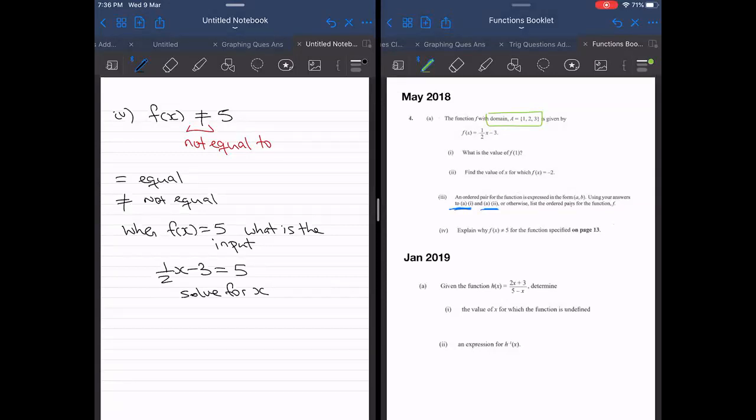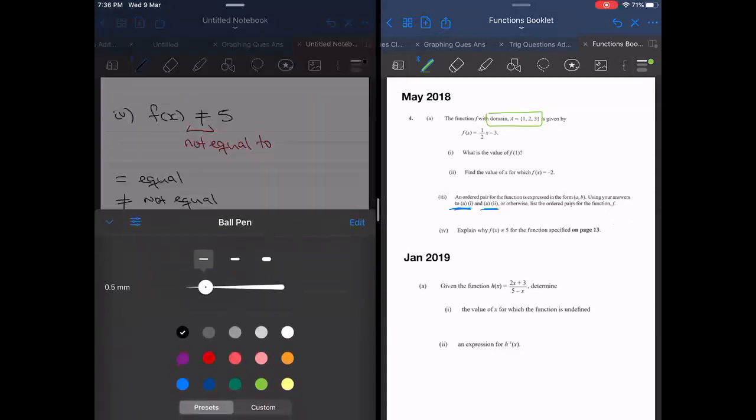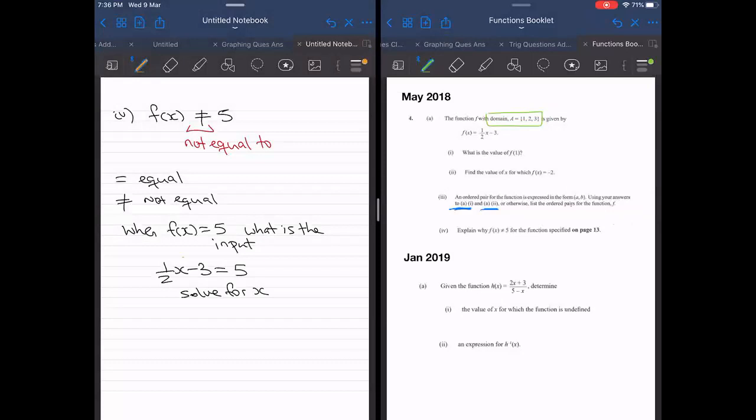Right? So we want to know what is x. Anybody else trying? What would x be if you had to solve for x? Right, you don't want to move the -3 first.